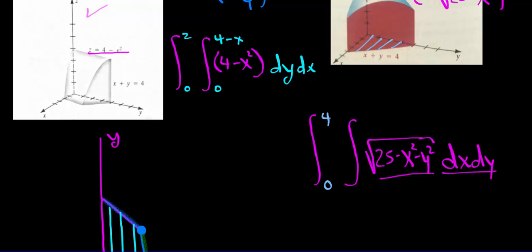As far as x goes, well, no matter what, if I choose a y, it's going to start at 0 and it's going to go to 4 minus y, like that. See? Just solving this. Just looking at that little triangular region down there. Okay? Any questions about this cool stuff here?